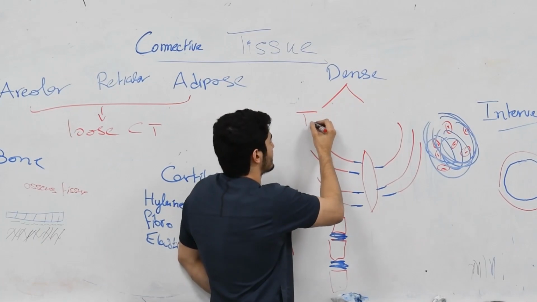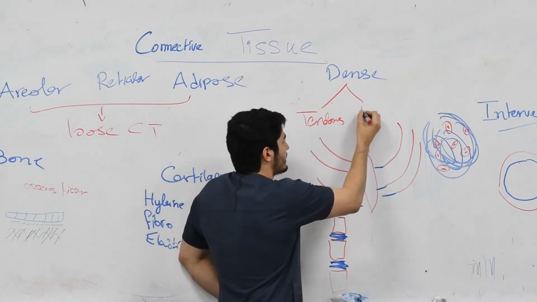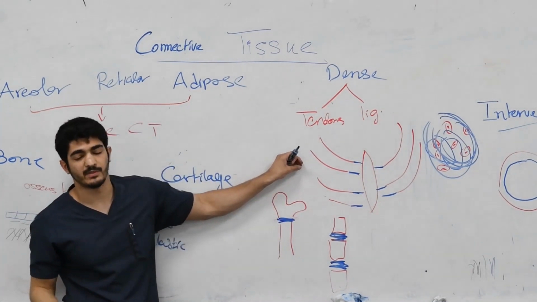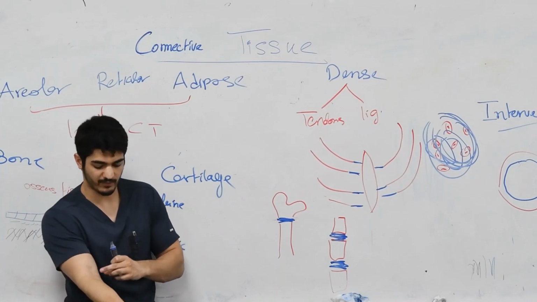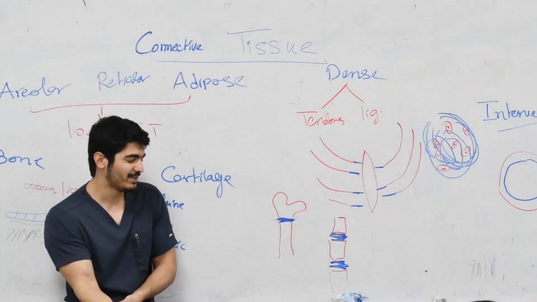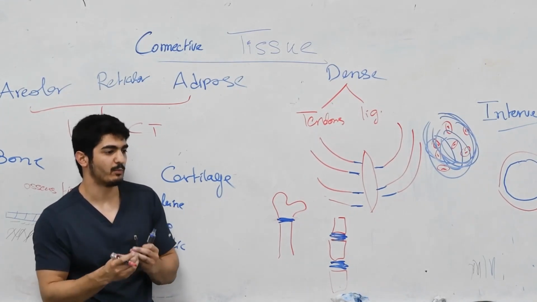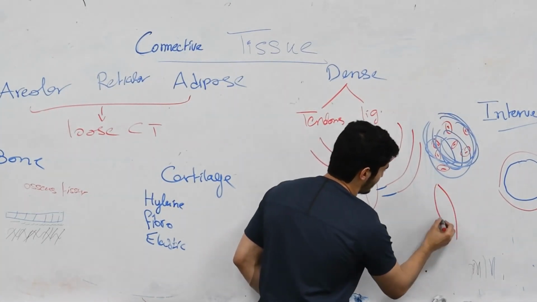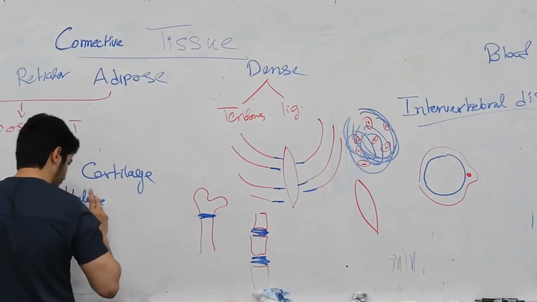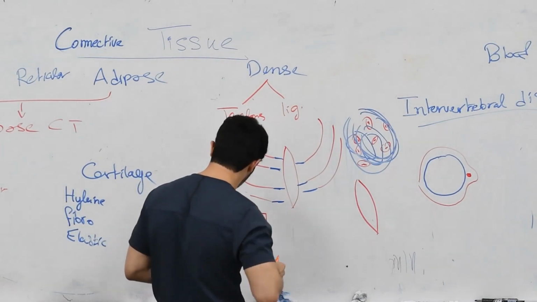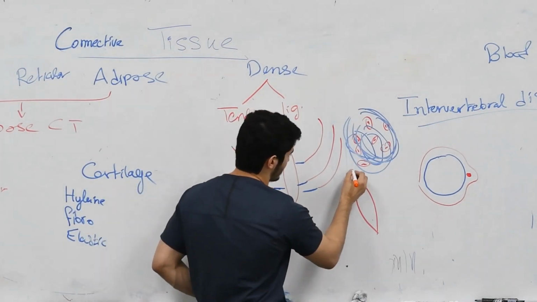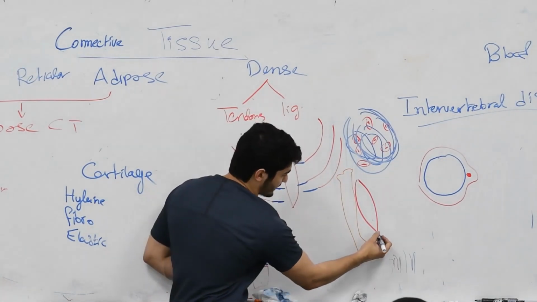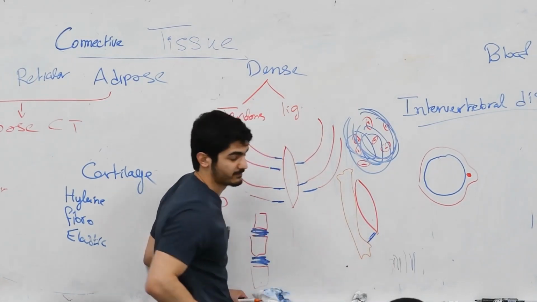We have tendons. What else? Ligaments. Tendons attach muscle to bone. This is the bicep, we have a tendon here attached to the bone. Ligament: bone to bone. Understand? This is the bicep muscle, and there's a bone here. The tendon will attach the muscle to the bone.